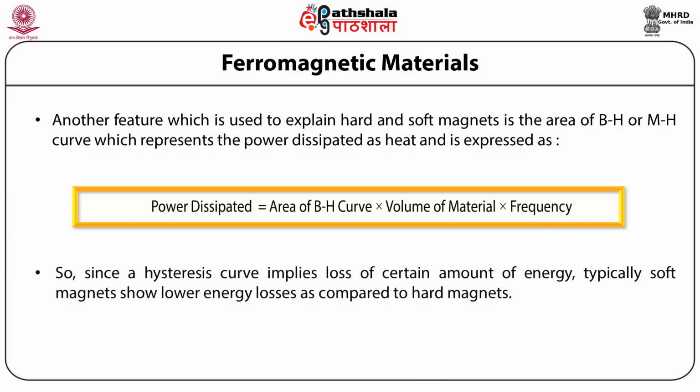So, since a hysteresis curve implies loss of a certain amount of energy, typically soft magnets show lower energy losses as compared to hard magnets.